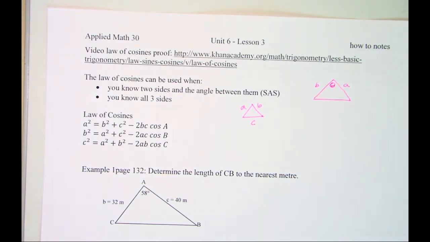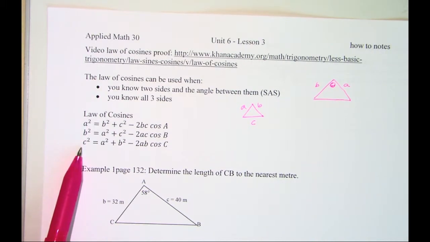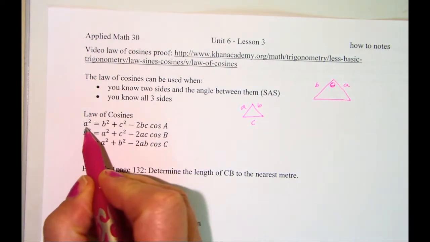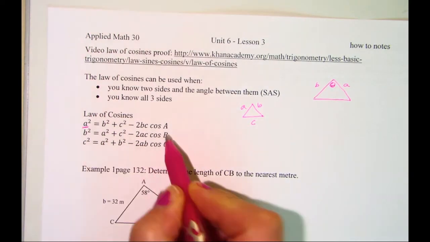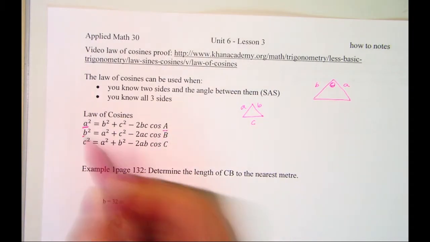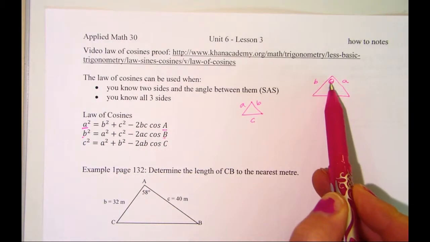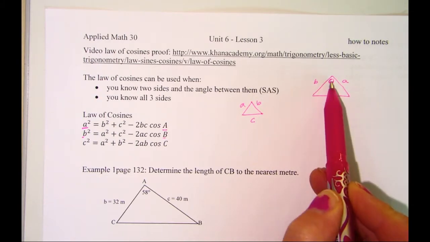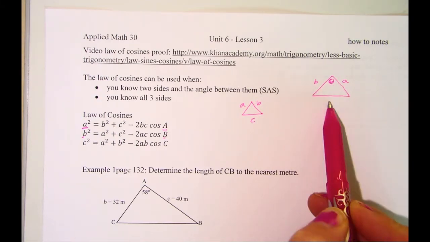So we're going to do two of the same ones. This is the law of cosines written to show if you want to find side A, side B, or side C. If you look at the pattern, if you want to know side A, you have to know angle A. If you want to know side B, you have to know angle B. This is the side I want to know, so I need to know the angle that goes with it.